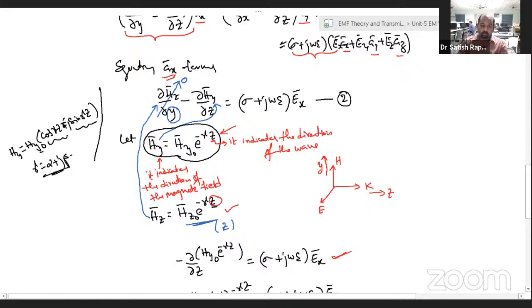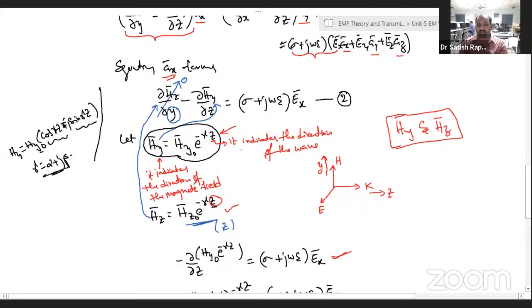And writing the magnetic field components Hy and Hz in phasor form like this: Hy is equal to Hy naught e power minus gamma z, and Hz is equal to Hz naught e power minus gamma z, right?